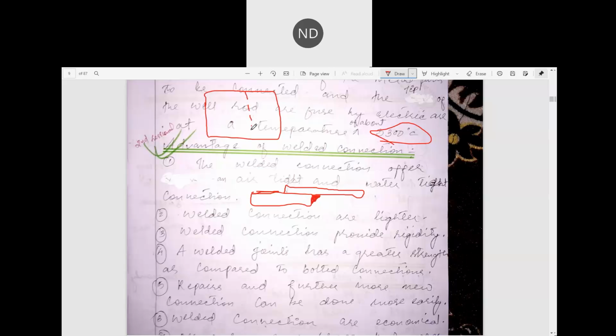Suppose this plate is at the bottom, and this is your upper plate, which is to be connected with this plate.